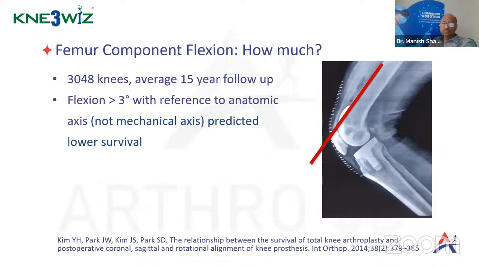Yet another long-term study with a good number, more than 3,000 knees, flexion more than 3 degrees with reference to anatomic axis. So this is flexion which is more than 6 or 7 degrees to the mechanical axis, predicted lower survival.